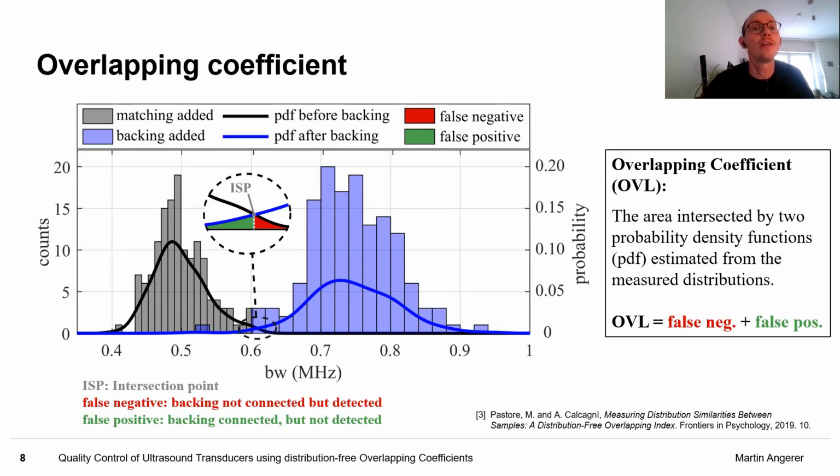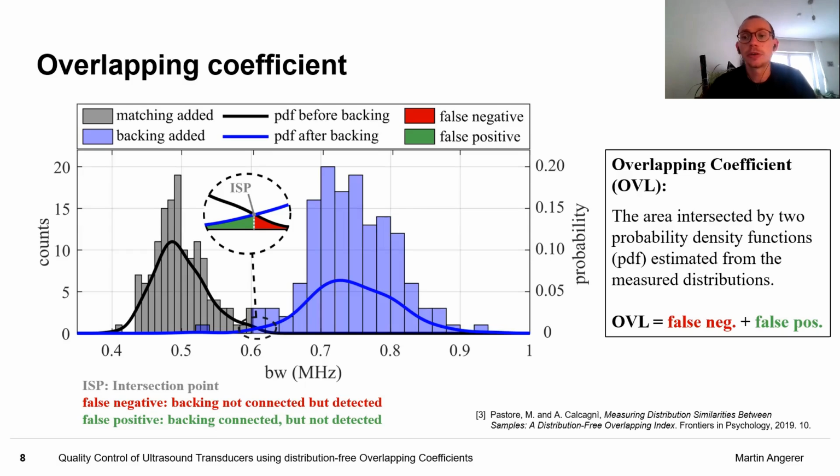distributions is using an overlapping coefficient, which can be calculated by estimating from each histogram a probability density function. This density function is calculated using a normal kernel.